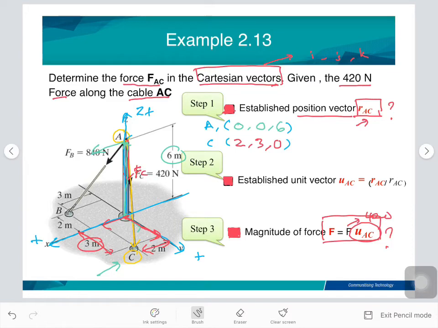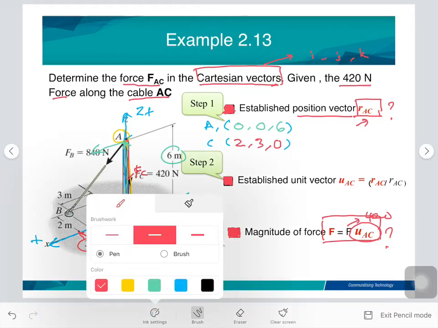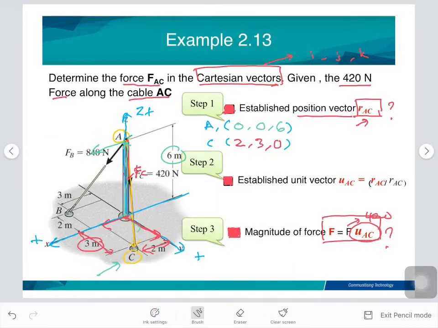Yes, right. Because to determine RAC, so RAC is C minus A. So you can have that, in I plus in J plus in K. Then after you determine the position vector, you can solve for the unit vector.